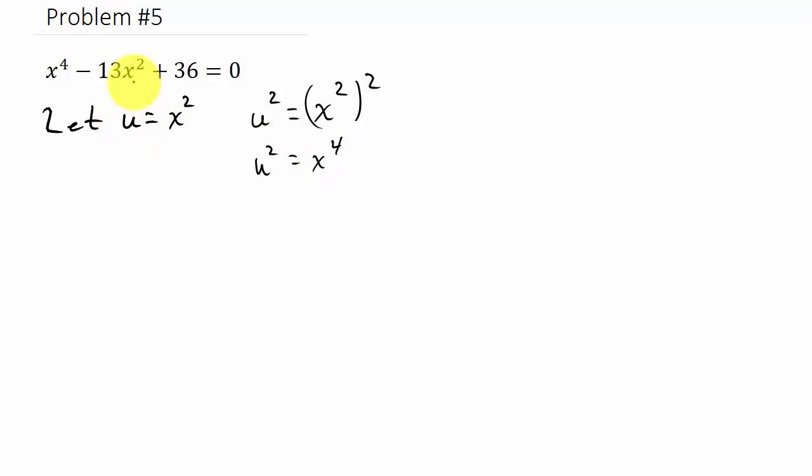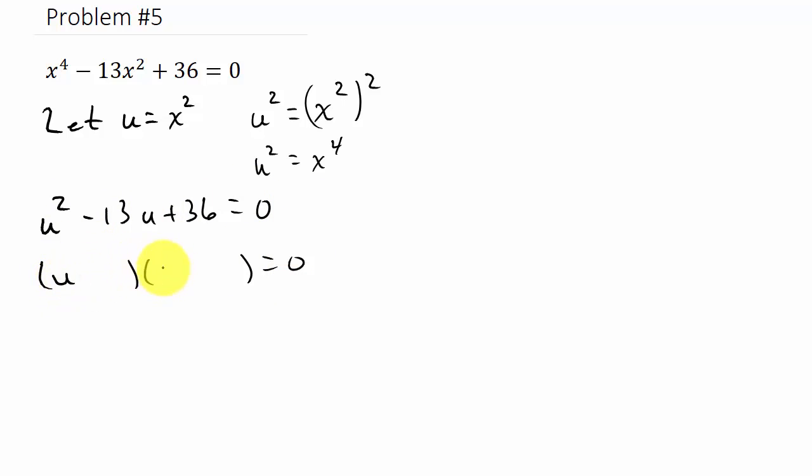And I'm going to take the u and put it in the place of x squared because it equals x squared. And so that's going to give me u squared minus 13u plus 36 equals 0. And now we factor. See, I've got a quadratic I can solve now.